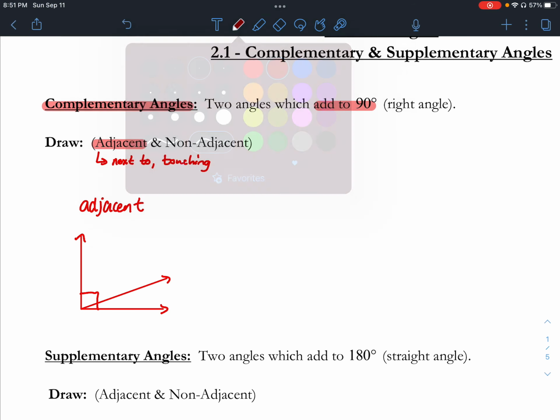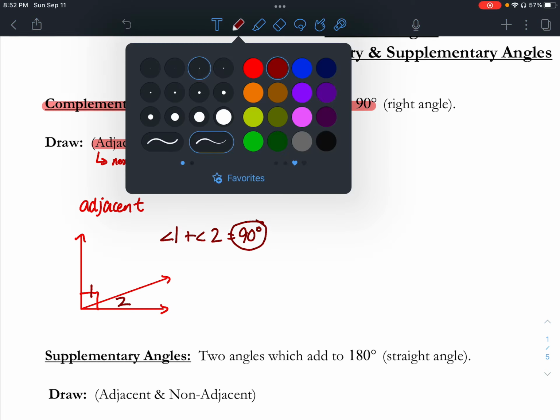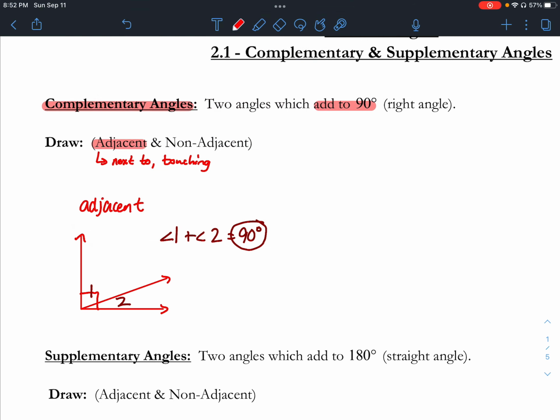And what we'd often say is if I have angle number 1 and angle number 2, we can say that angle 1 plus angle 2 is going to be 90 degrees. This would give me a grand total of what we say is complementary angles. And then non-adjacent just means that they're not next to each other. So I could draw an angle right here and another angle over here, maybe not touching each other at any point.